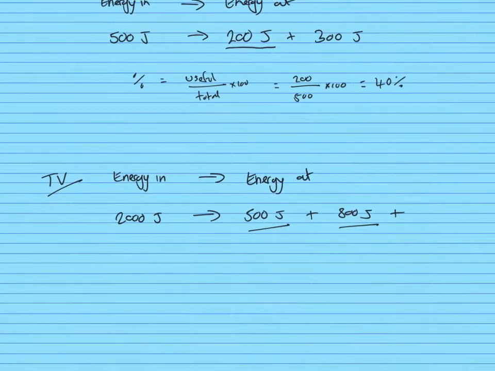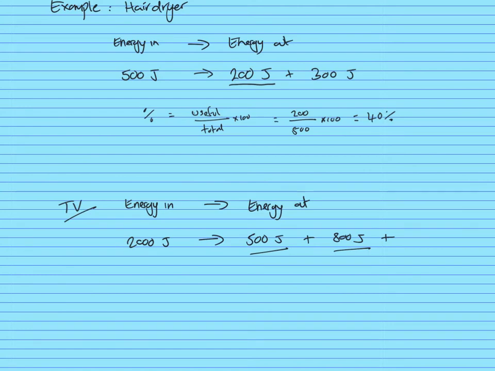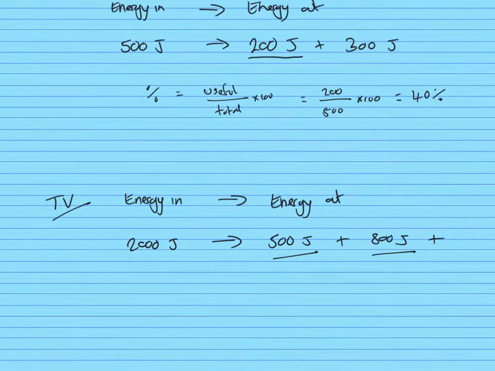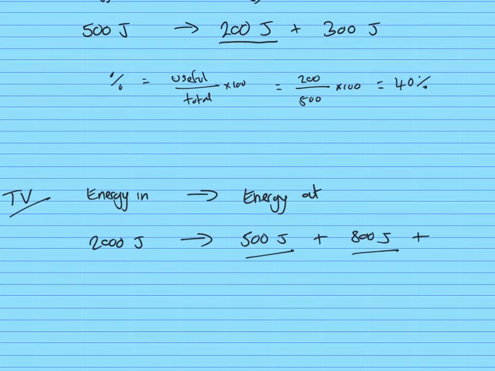Let's go on to the next one. In my second example, I have left something out on purpose, because more often than not, they want you to calculate something. So your TV, I've got 2000 joules here. That could easily be represented as 2 kilojoules because there's 1000 joules in a kilojoule, the same as there's 1000 meters in a kilometer. But I've left it as joules.